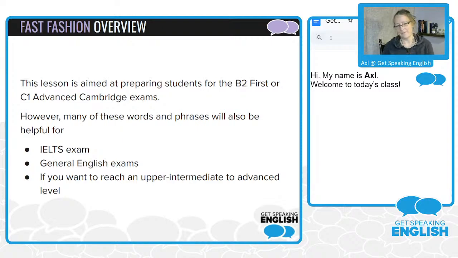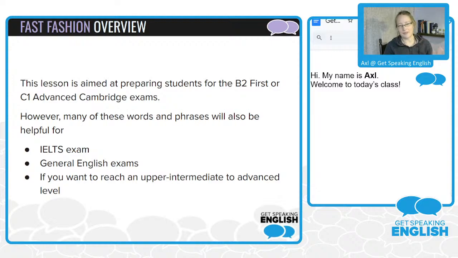Anyways, this lesson is aimed at preparing students for the B2 First and the C1 Advanced exam. So we're going to be looking at part 4 of the speaking paper. We're going to be looking at a couple of questions similar to the ones you might find in that part of the speaking paper. However, a lot of the words, phrases and vocabulary we are going to discuss will also be helpful for the IELTS exam, for example.